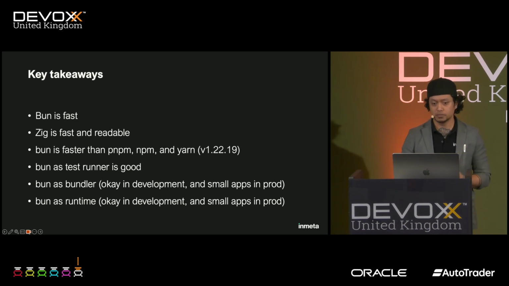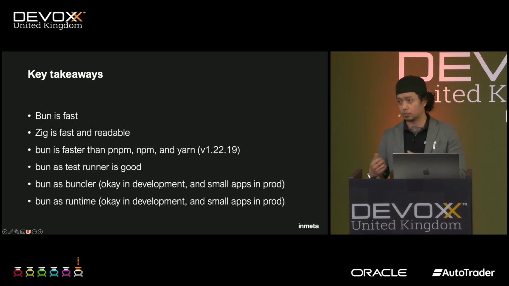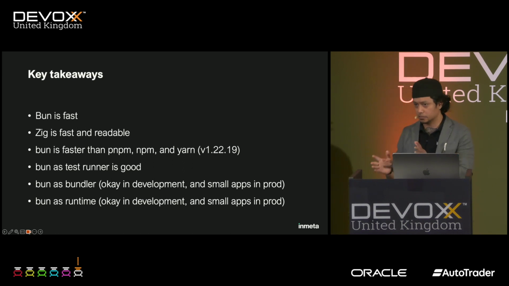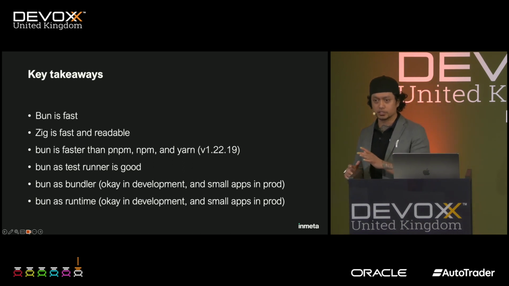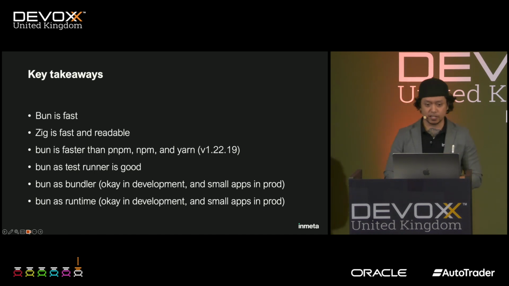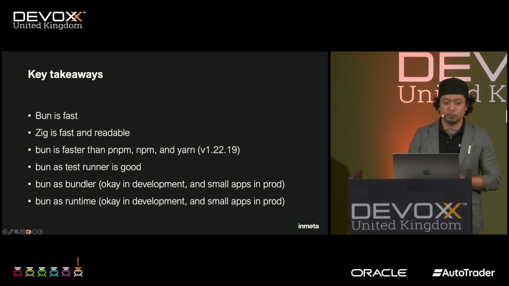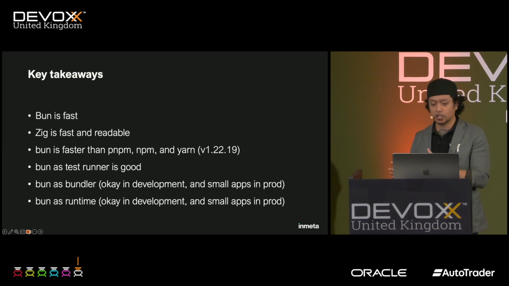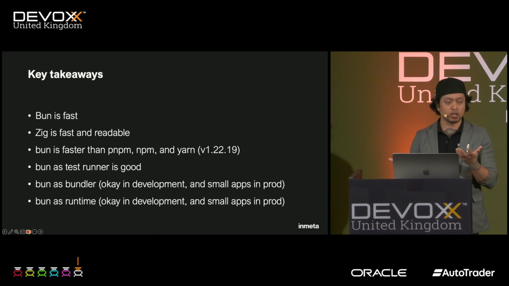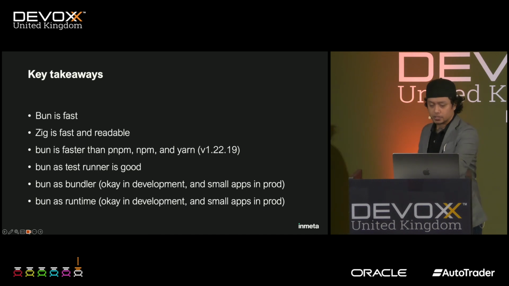Bun as a bundler is okay in development and small apps in prod, because again, they're still missing some of the Node.js APIs. And if you're using them, it's going to be a problem. Bun as a runtime is also okay in development and small applications in prod.